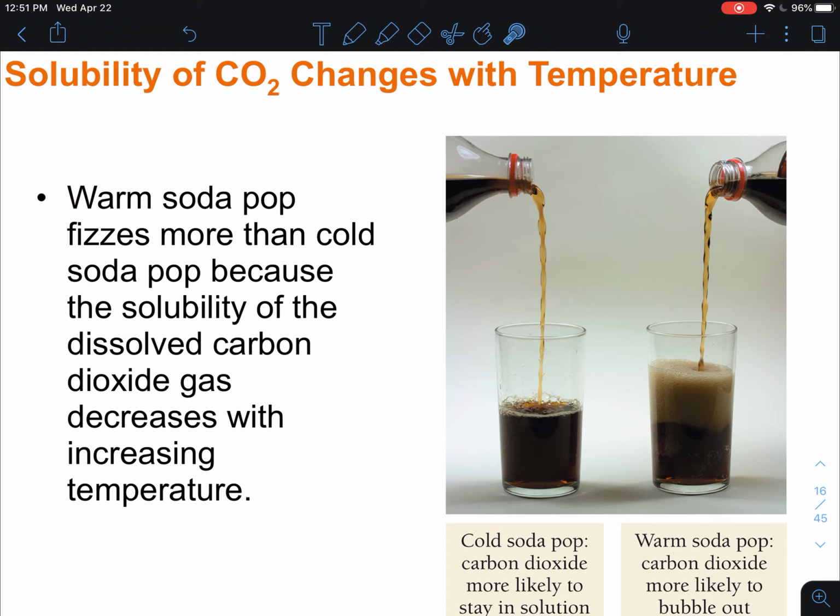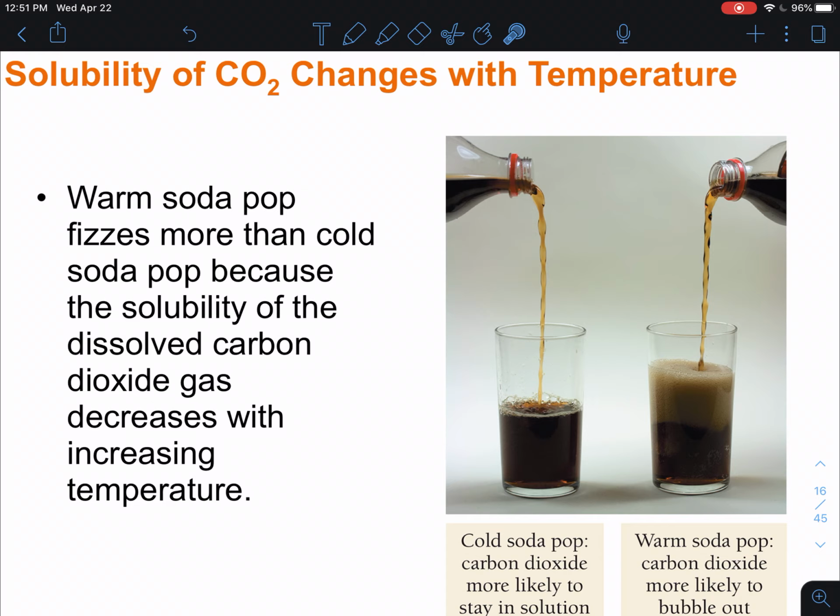Now, solubility of gases in water is the opposite. All right, it still changes with temperature like it does with solids, but it is the opposite again. So the solubility of gases decreases with increasing temperature.